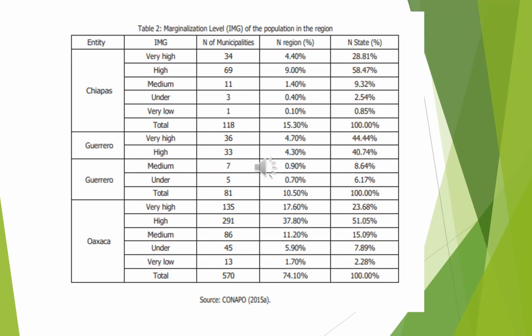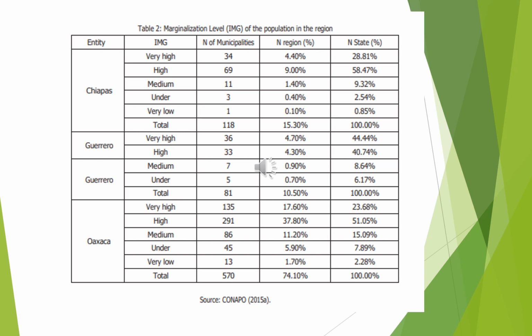In order to describe the social characteristics of the regions, it was considered appropriate to correlate IMG variables with population. But first of all, we'll talk about the marginalization IMG in different states.